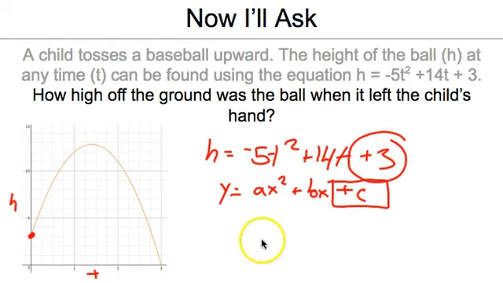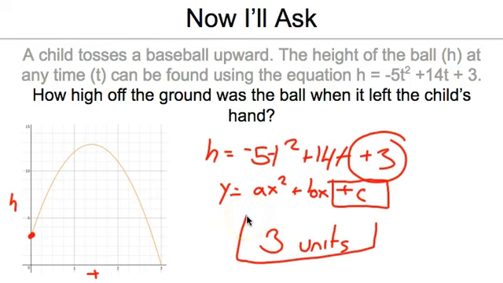We know it's our y-intercept, 3, and we're not told what units to use, so we'll just say 3 units. It's probably feet, though. That would make sense for a child to have their hand about 3 feet off the ground. So 3 units would be how high this was off the ground. And again, it's just a fancy way of asking what's the y-intercept of this equation.